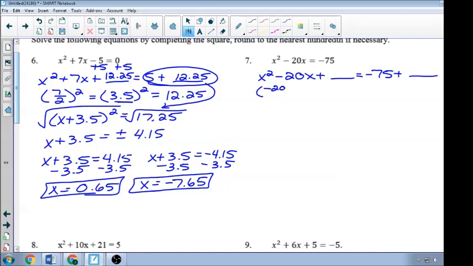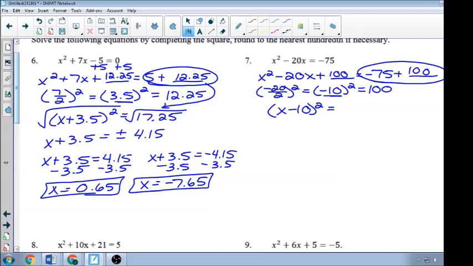So negative 20 divided by 2 squared equals negative 10 squared, which is 100. Okay. At this point, I'm going to go ahead and factor, which means I'm going to use the negative 10 here. So I have x minus 10 squared equals negative 75 plus 100 is 25.